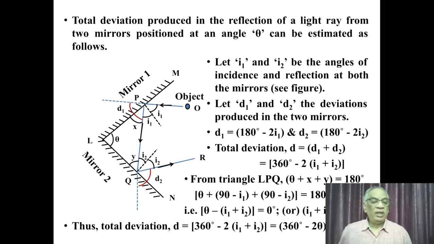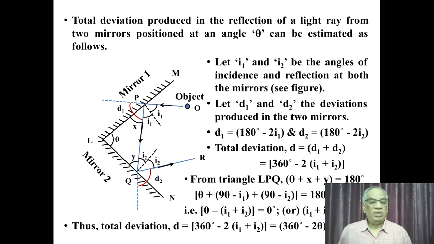Similarly, D1 is the angle of deviation for the first ray falling on mirror 1, the angle between the extended line OP and the reflected line PQ. So D1 and D2 are the deviations produced due to reflections at mirror 1 and mirror 2.